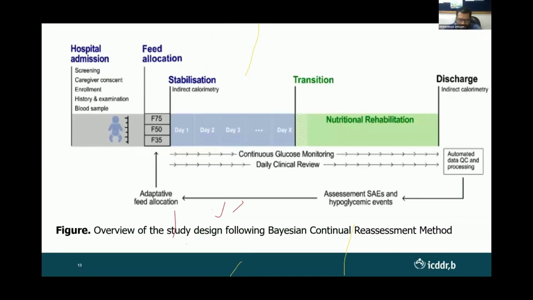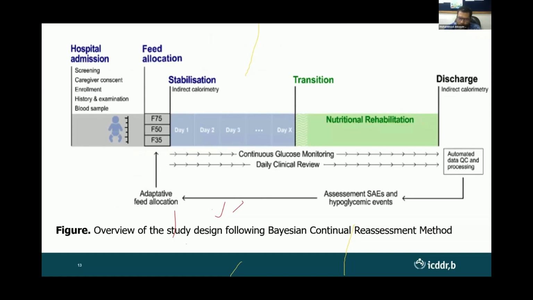This figure was also shown by Dr. Bensma, where we are enrolling patients after initial screening. It is a safety trial, which is why we are enrolling severely malnourished children with a maximum of only one danger sign, and we are following the Bayesian model.